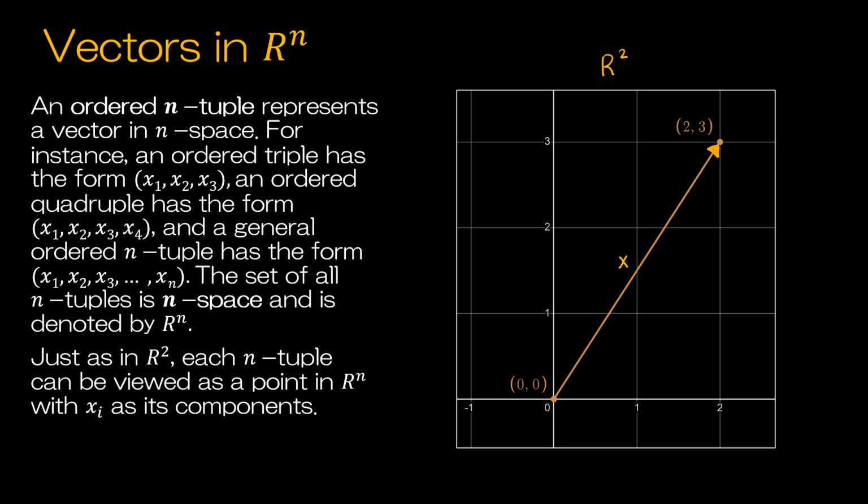Just as in R2, each n-tuple can be viewed as a point in Rn with xi as its component. So the same way that 2, 3 would be 2 on the x1 axis and 3 on the x2 axis or y-axis, you could do the same for 3-space, 4-space, and so forth.